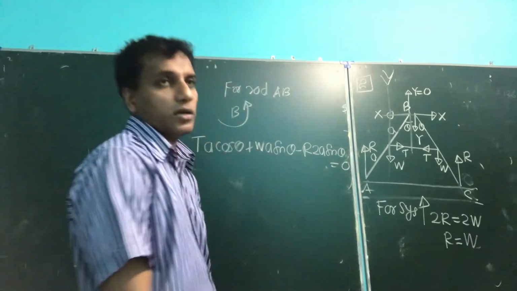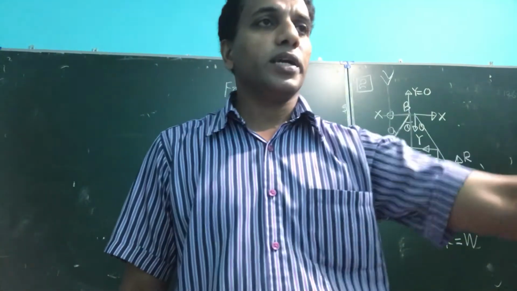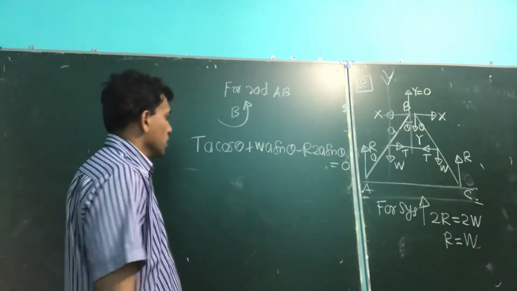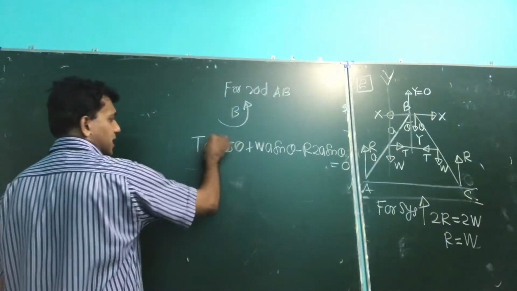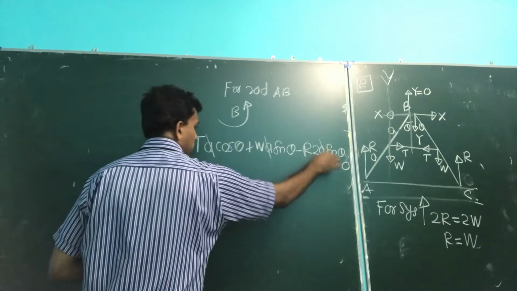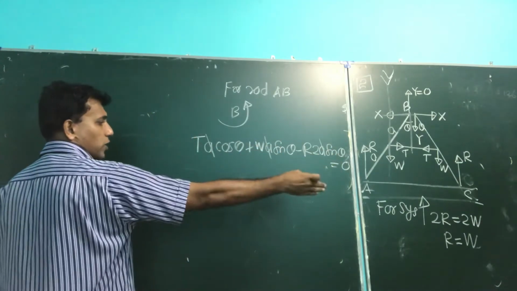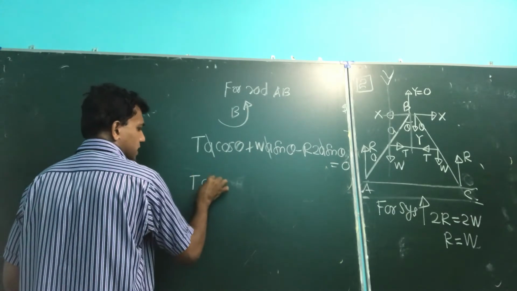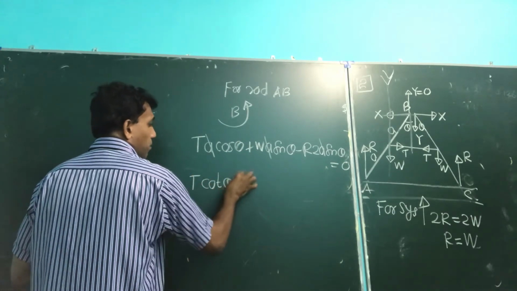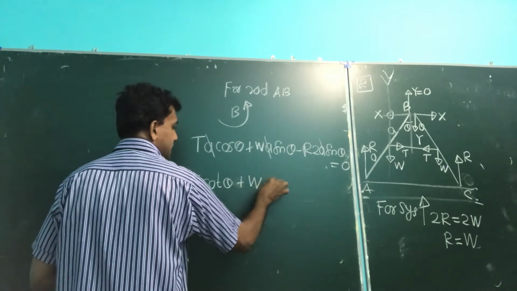So to find the T answer, you know what R is. Therefore here you can divide by sin theta, cut the A, and also apply R for W. So T cos over sin, T cot theta, plus W, divided by sin theta.